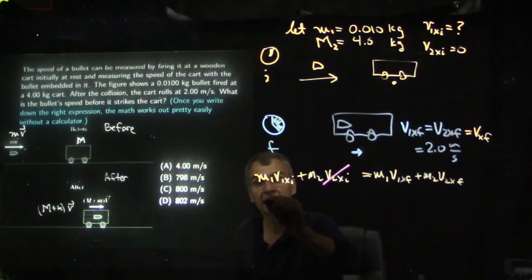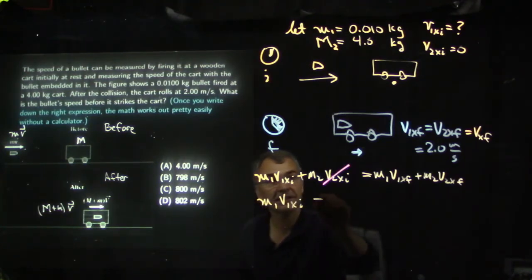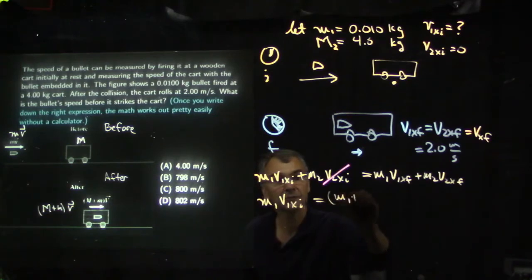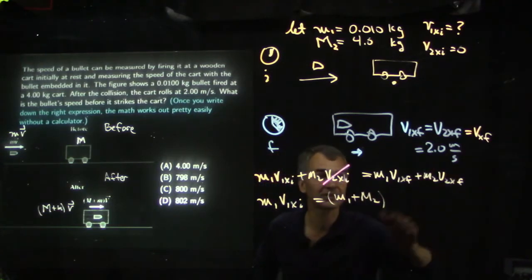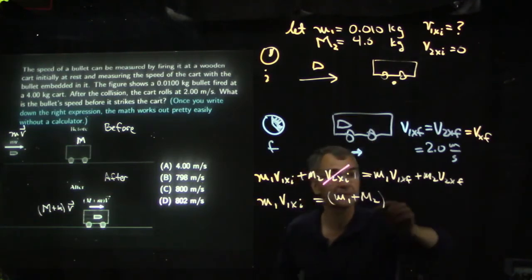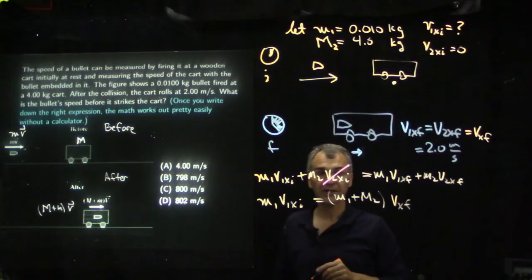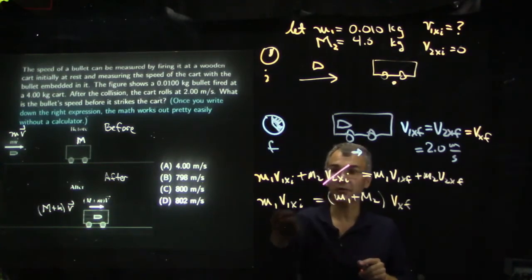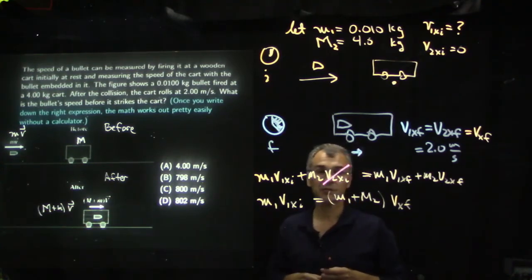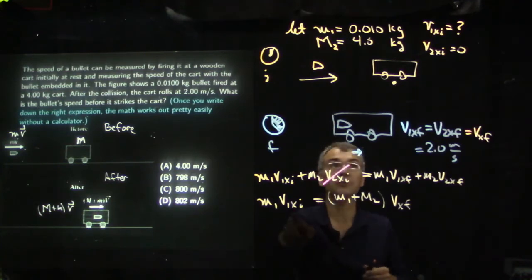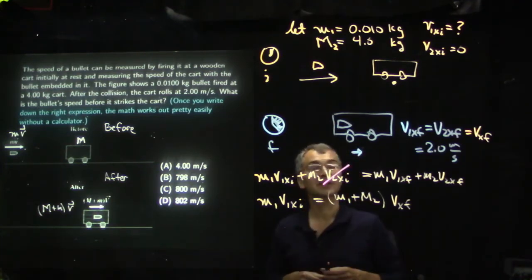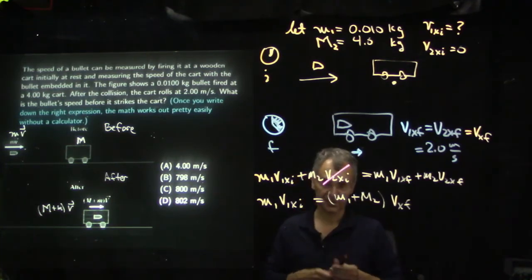So we have m1 v1xi equals m1 plus m2. Here, I'll make the second m big just because the diagram did. vxf. So actually, now all we have to do is divide both sides by m1, and I think we're done because we just want to know this unknown, v1xi.